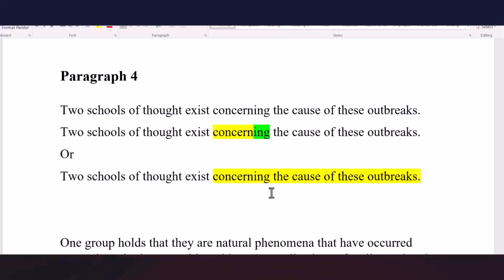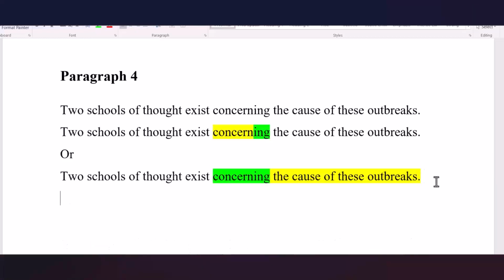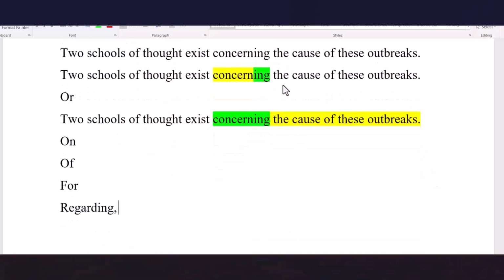Yeah, as a prepositional phrase, because concerning is a preposition. Concerning is a preposition like on, like of, like for, like regarding, like concerning.